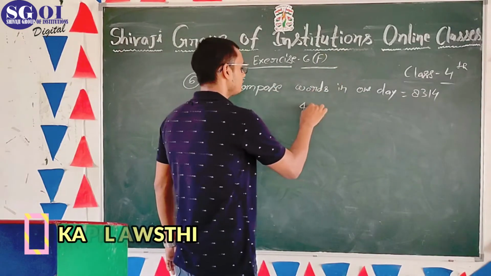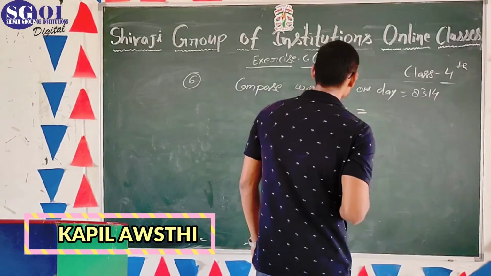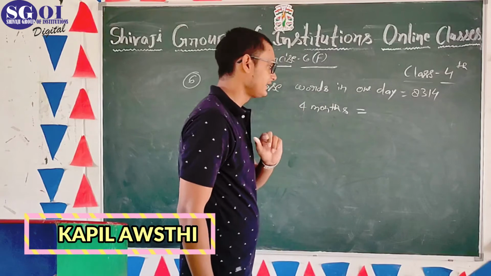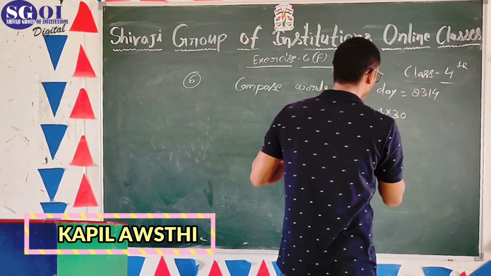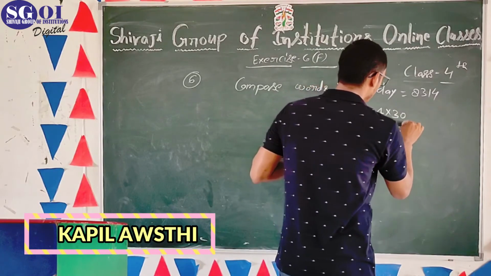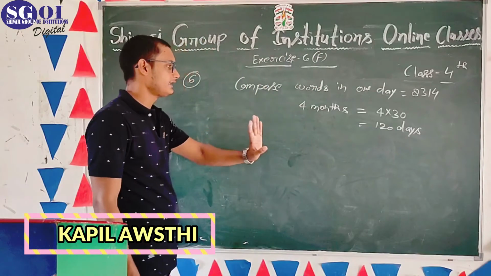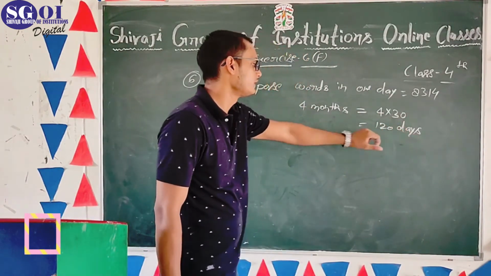Students, as you know, one month is equal to 30 days. So 4 months is equal to 4 multiplied by 30, which is equal to 120 days.